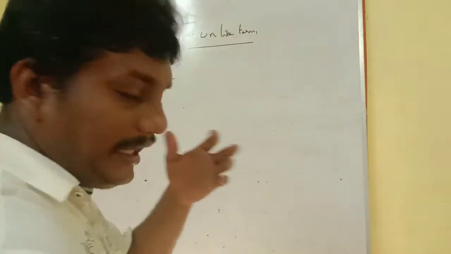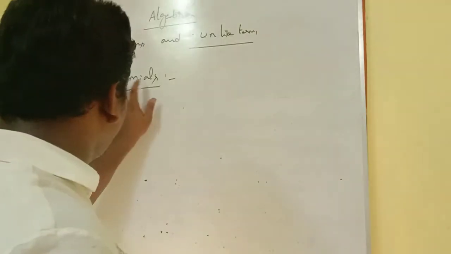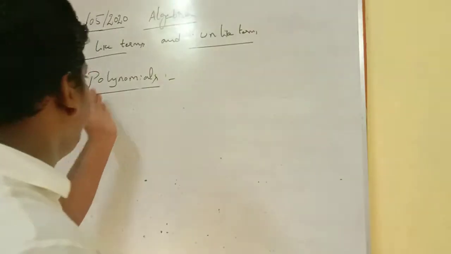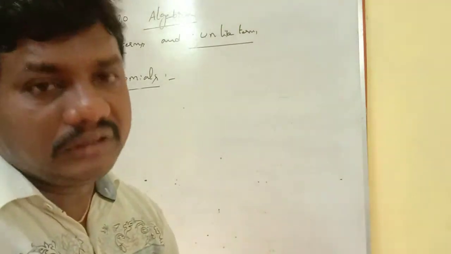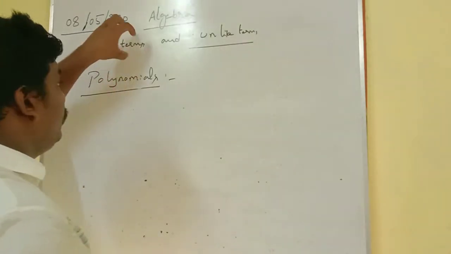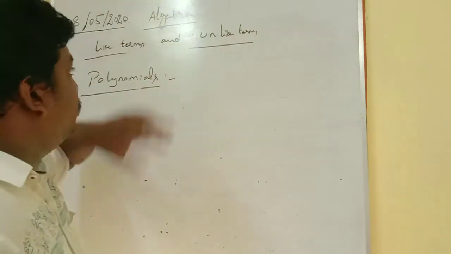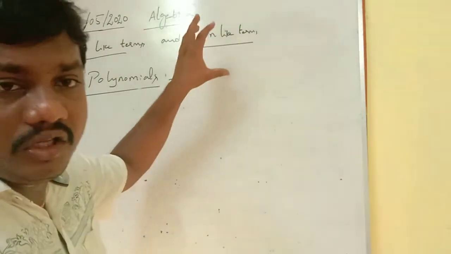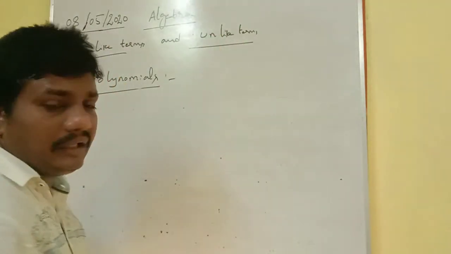The name itself tells us: poly means many. So polynomials have many terms. We know what a term is in algebraic expressions, and we know what an algebraic expression is. Now, what is a polynomial?